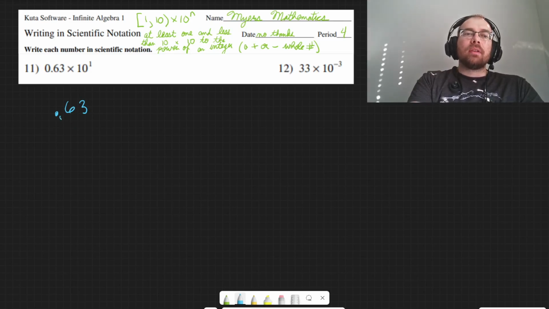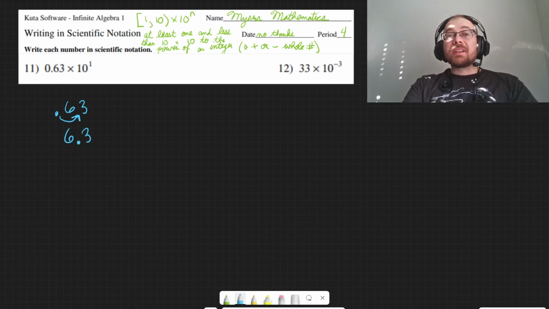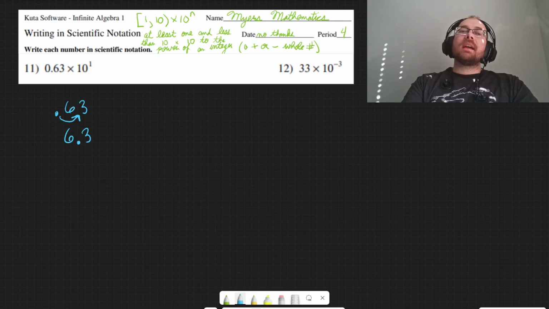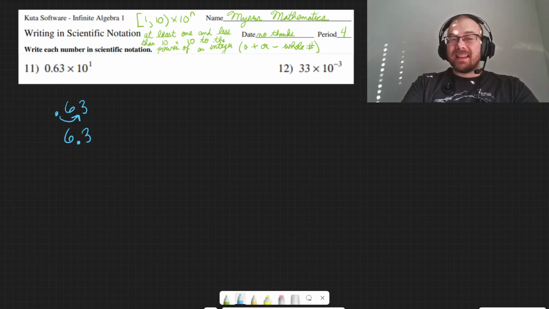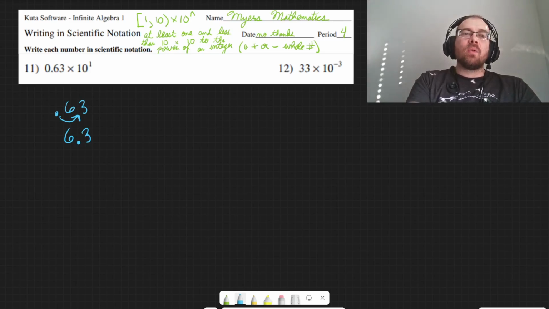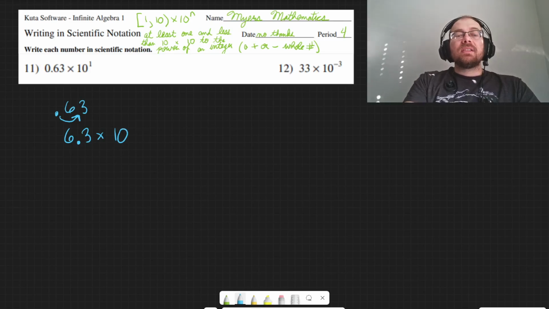So if I move it over, let's say to right there, then it would be 6.3. Okay, so 6.3 is a number between 1 and 10, and it can be a decimal. A lot of times it is a decimal, most of the time, and this is no exception. So 6.3 is a number between 1 and 10, and so what do I have to do with that? Well, I have to times it by 10 to the power of however many places I moved it.